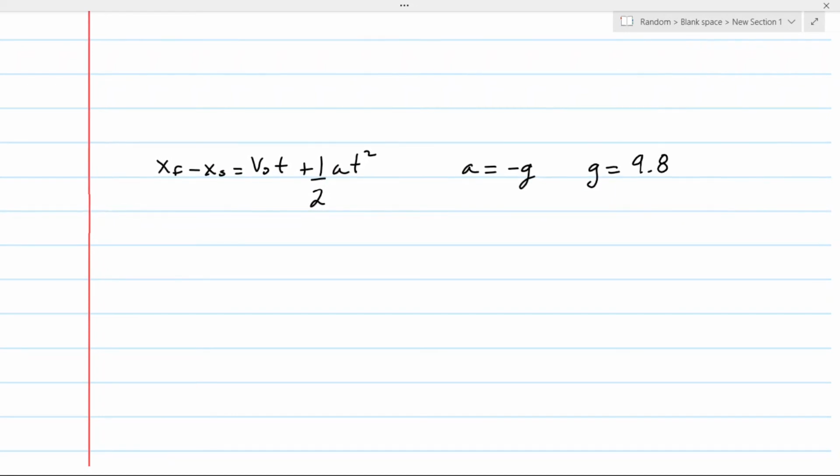If the constant acceleration is free fall acceleration, we may write this equation but replace a with minus g, where g is 9.81 meters per second squared.